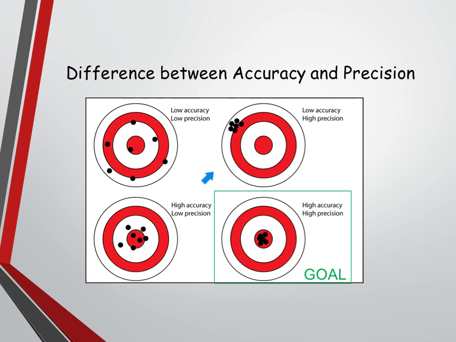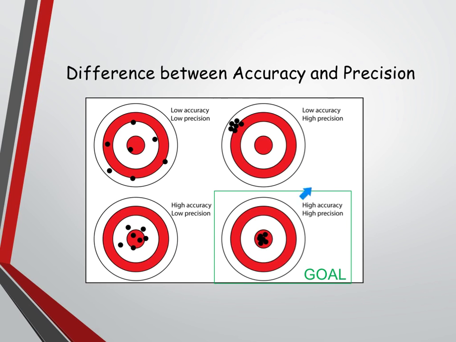In this case, this target here, we're not even close with any of our arrows to the center mark, right? So we have a very low degree of accuracy. However, all the arrows hit this one spot very tightly, very closely, so we have a high degree of precision. In other words, when we shoot our arrow, all the time it's been going into this location, so it's very precise.